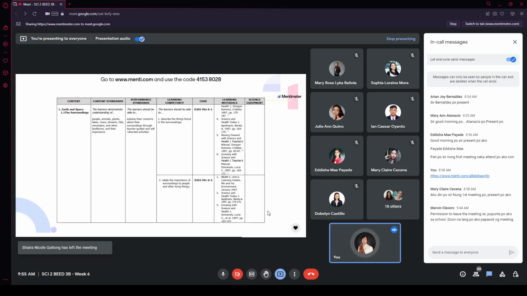So those kinds of normal things that we often think about the use of trees. So that's what you can see here. When it comes to the science equipment in Earth and space, there's actually none, or I would say very few in other modules. That's because you can easily use the environment itself as an example, or as a sample, as a realia.